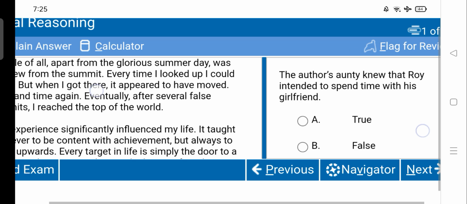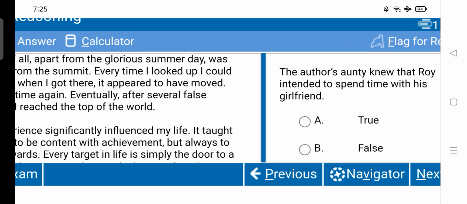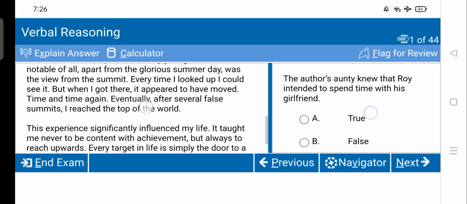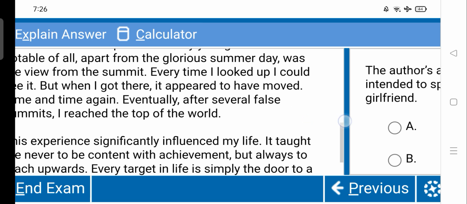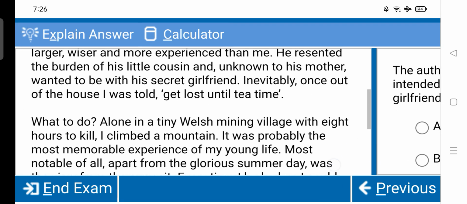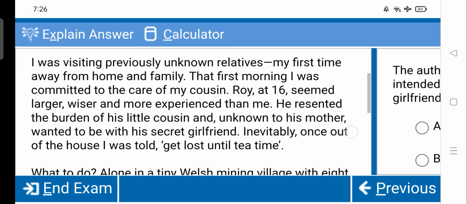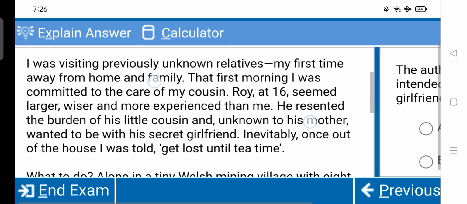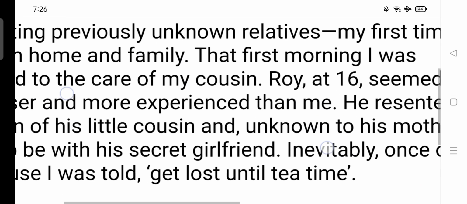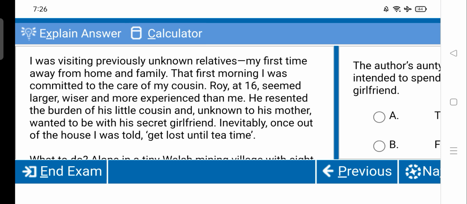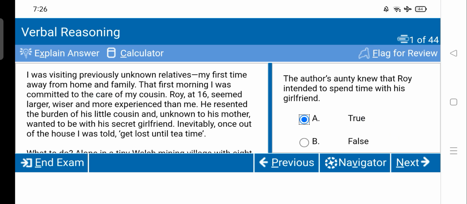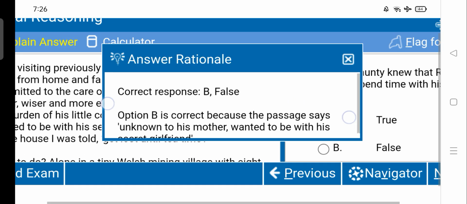Now you can use these keywords to find the answer from these passages. You can use "Roy intended to spend time" as your keyword. So let's check where Roy is explained in these passages. Here we have Roy, you can see, and the girlfriend also. So we can read this passage now and find out what we can learn from it. Is it true or false?